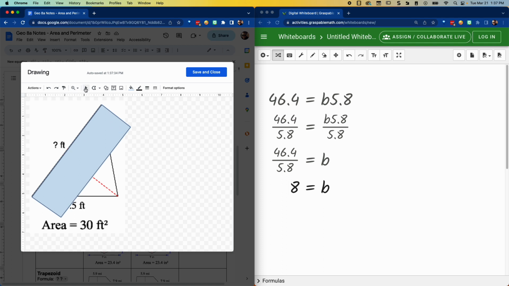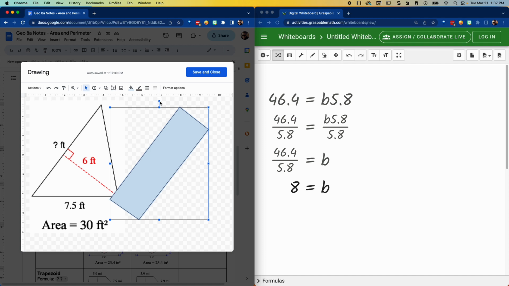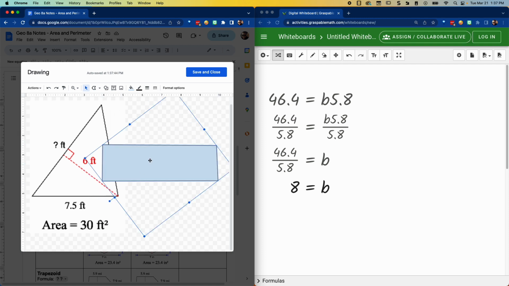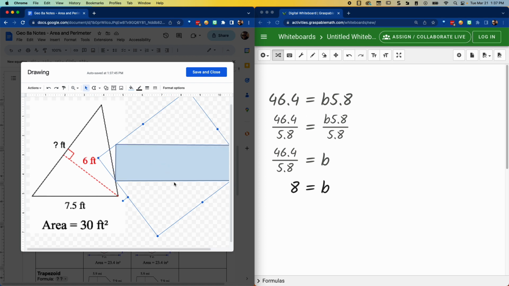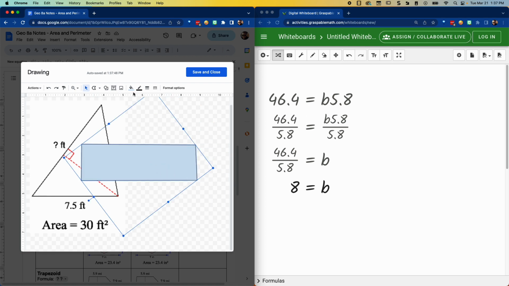So that would be a box that is equal to the other piece. And we have a horizontal measure of we don't know how much, and we have a vertical measure of 3.